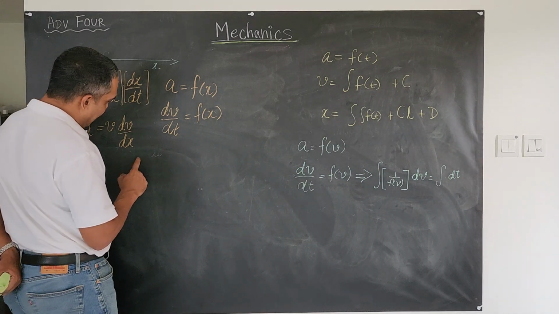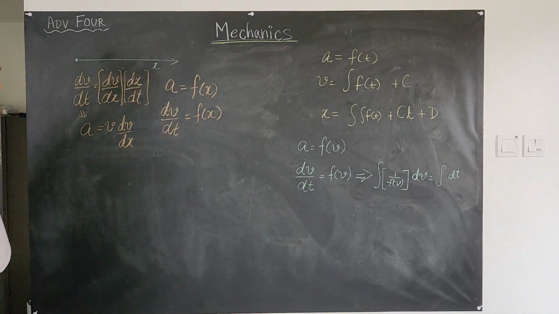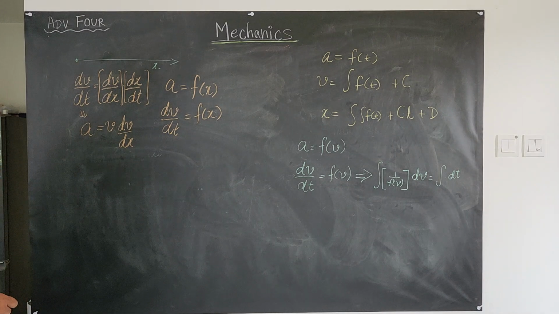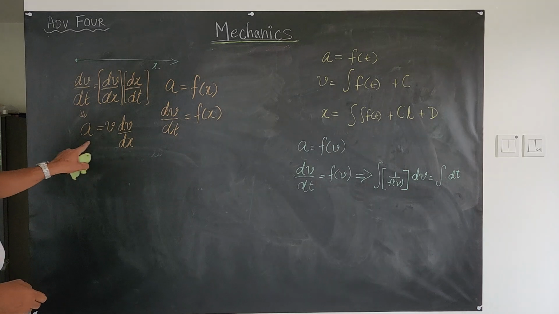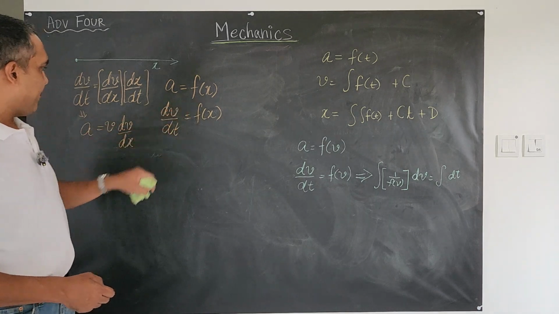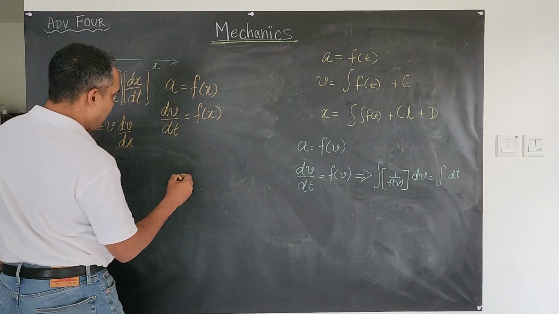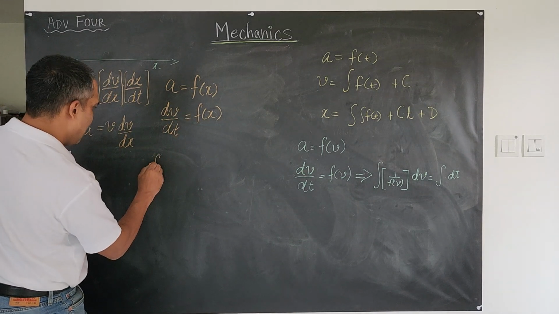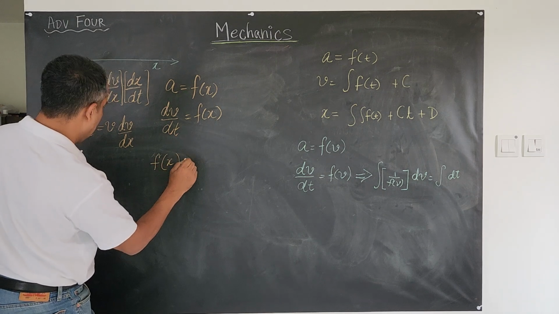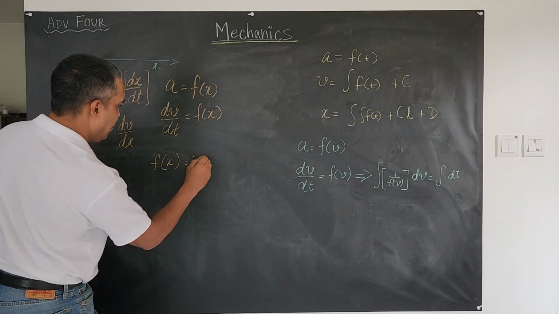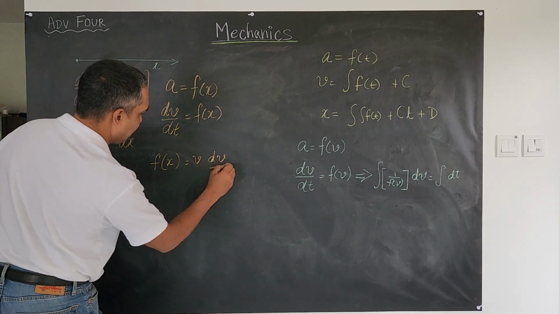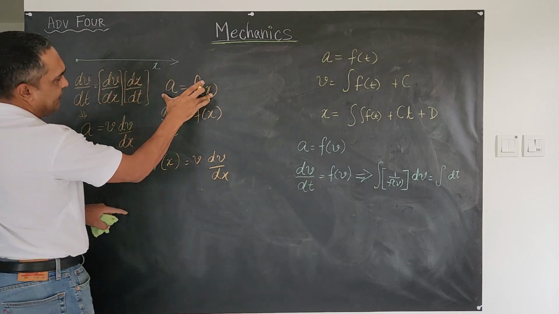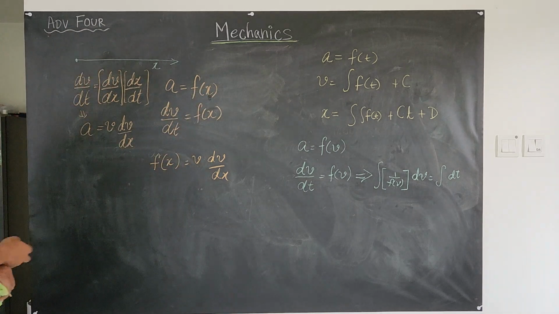But I can also now extend this idea a little more, right? If acceleration is provided as a function of f of x, now I'm substituting the two, I'm writing f of x as equal to v dv dx. The problem we were working on is acceleration as a function of x. Now think about it this way.